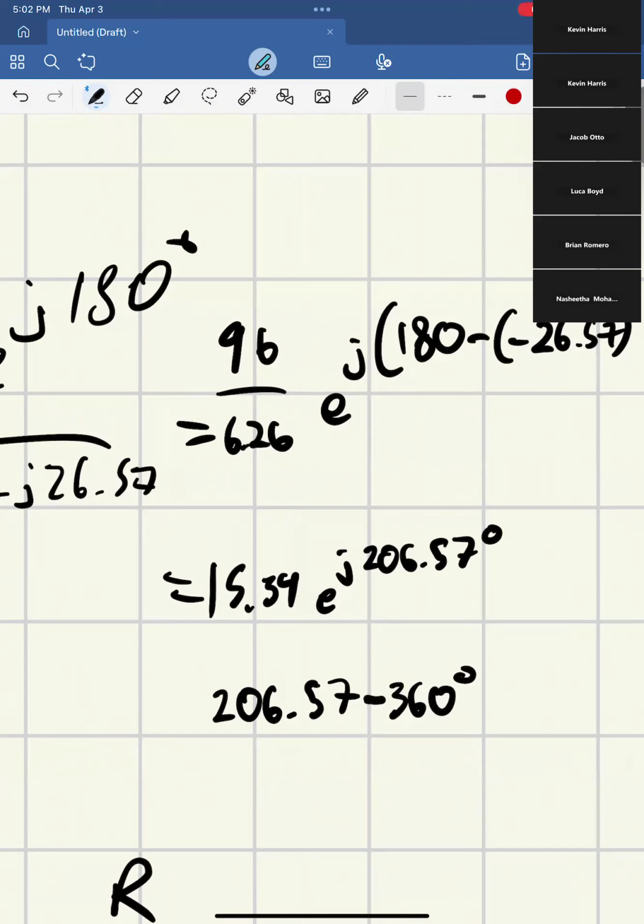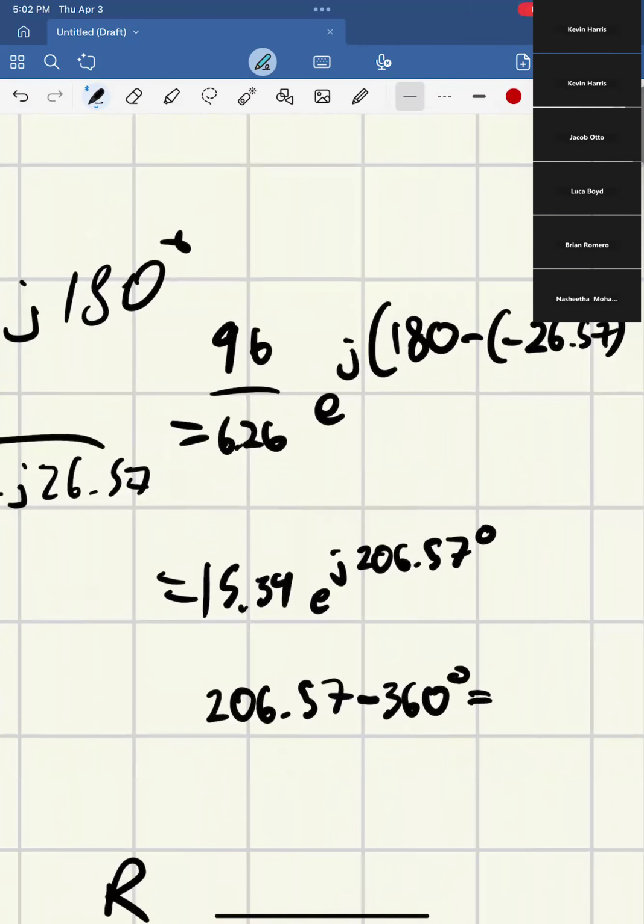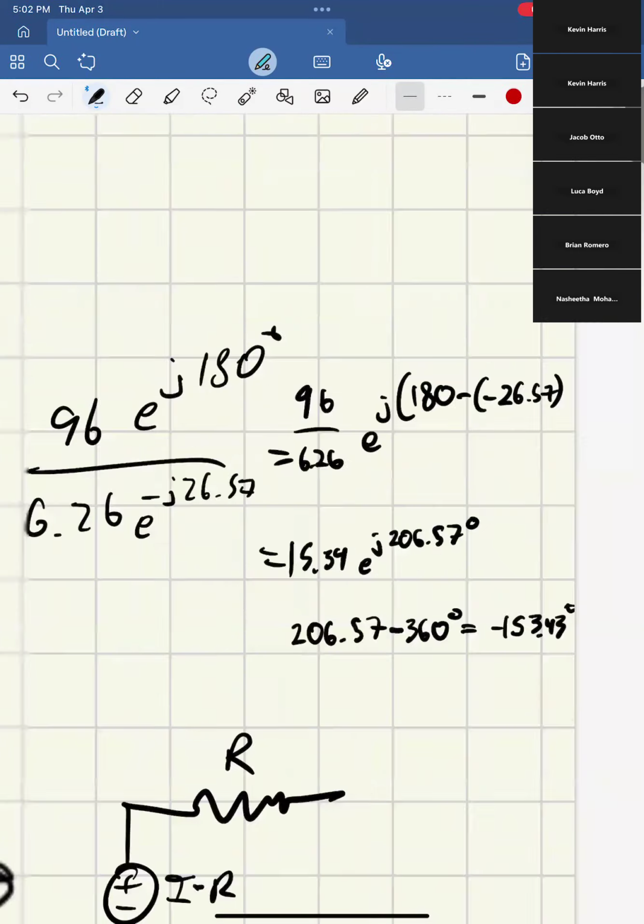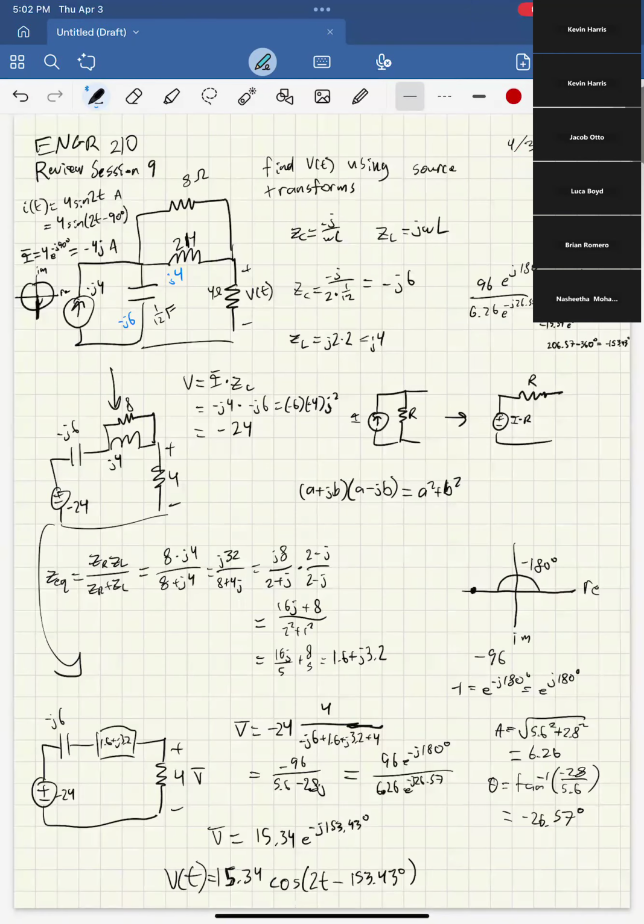So if I do 206.57 minus 360, we end up getting that same number we had before, which was negative 153.43. So both of them work. You get the same number, you'll just have the angle expressed in a different way. That's why I was saying it doesn't really matter. This is a little aside.